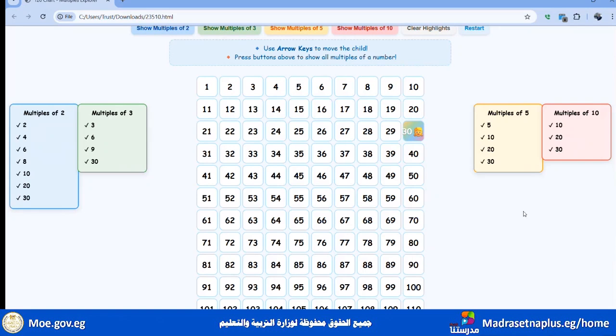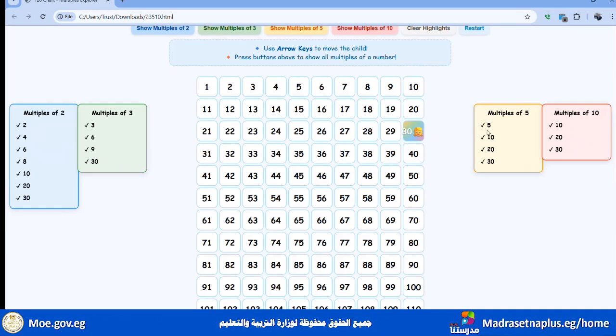You can get a 120 chart. Use your crayons to color multiples of 2, multiples of 3, multiples of 5, and multiples of 10. By the end of this lesson, you should know any multiple of 10 is a multiple of 5. There are some numbers that are multiples of all of these, like 30 and 60.